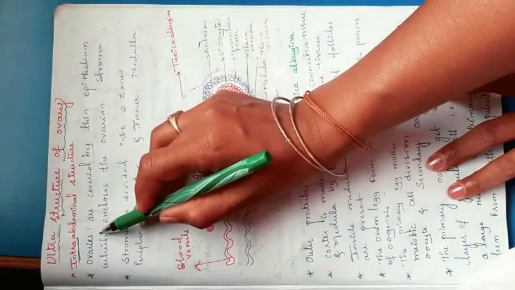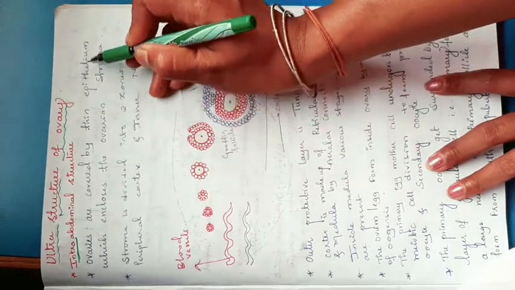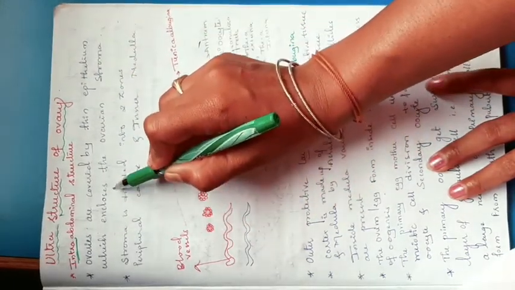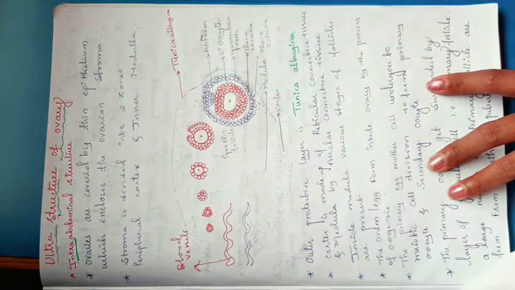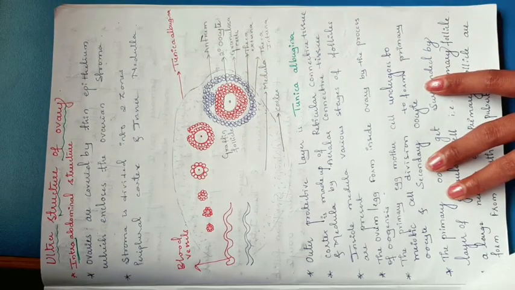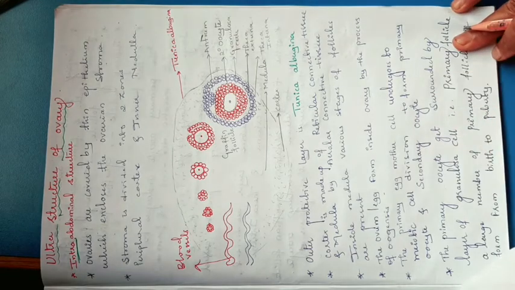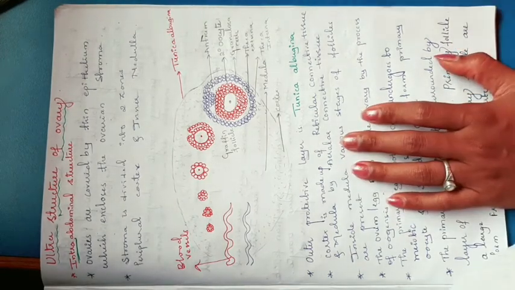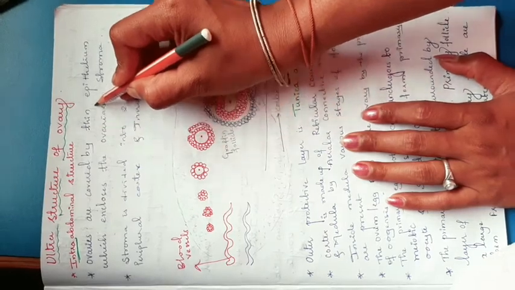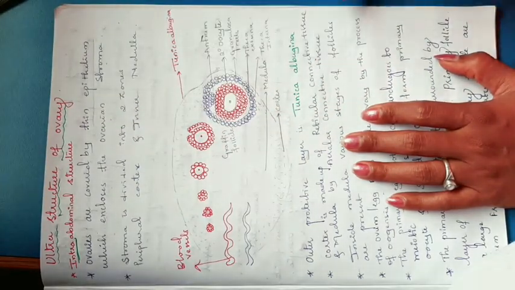The ovaries are covered by a thin epithelium layer that encloses the ovarian stroma. The inner portion of the ovary is called the stroma. That stroma is covered by a thin epithelial layer, which is the outer layer of the ovary.